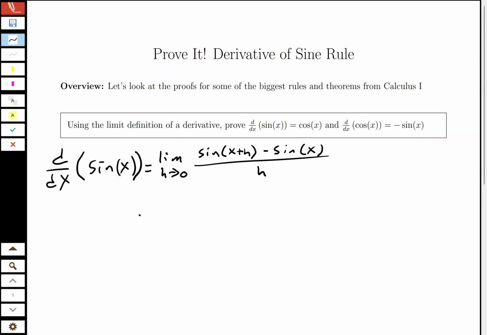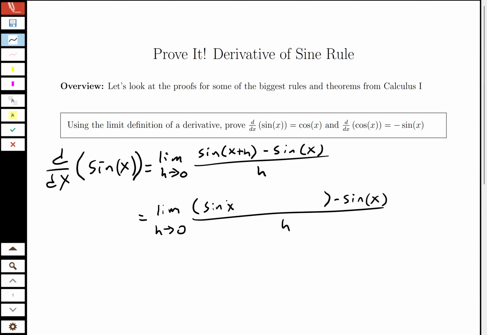And let's go ahead and use the addition formula for sine to simplify the start of this. It's actually going to get worse before it gets better, but I'm trying to break up that x plus h if I can. So the addition formula says that I'm going to look at sine of the first term times cosine of the second term, plus, and then mix it up.